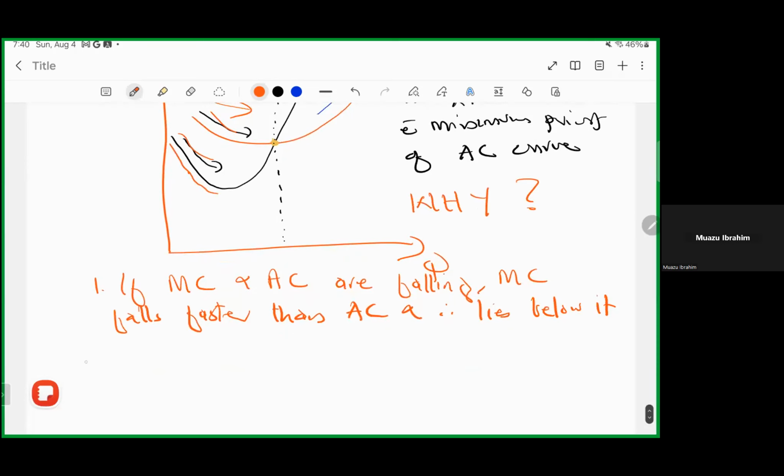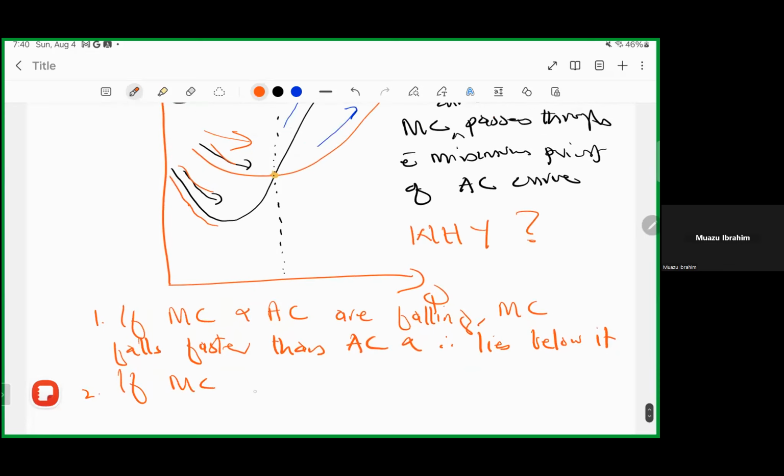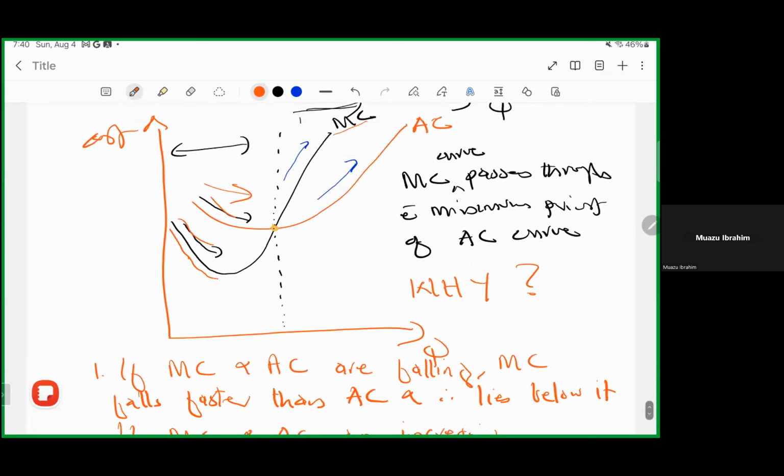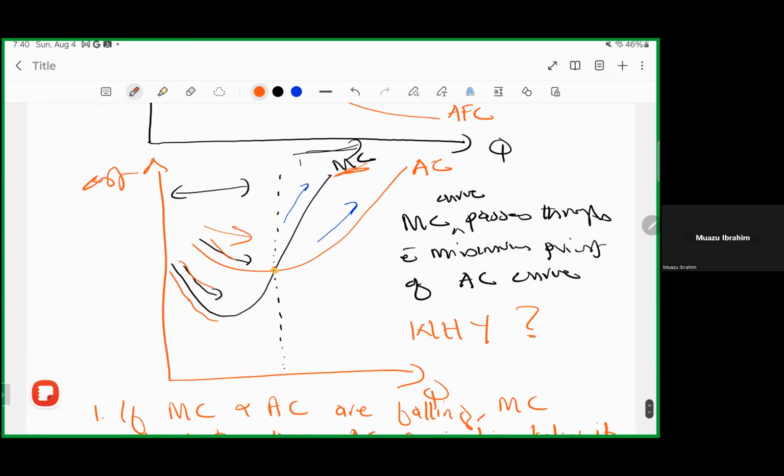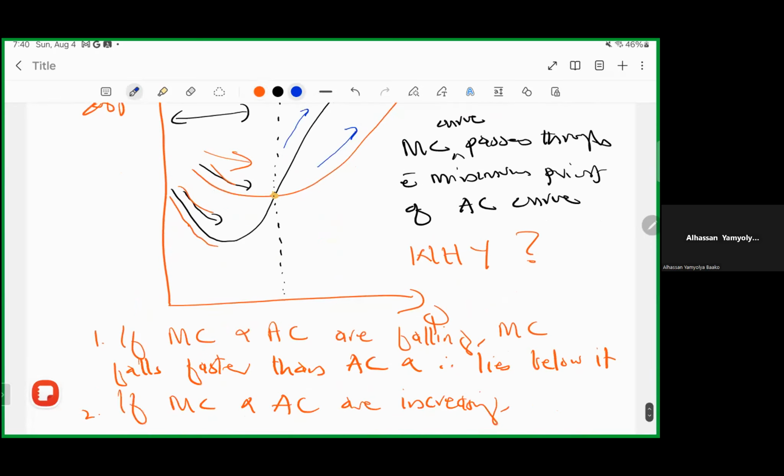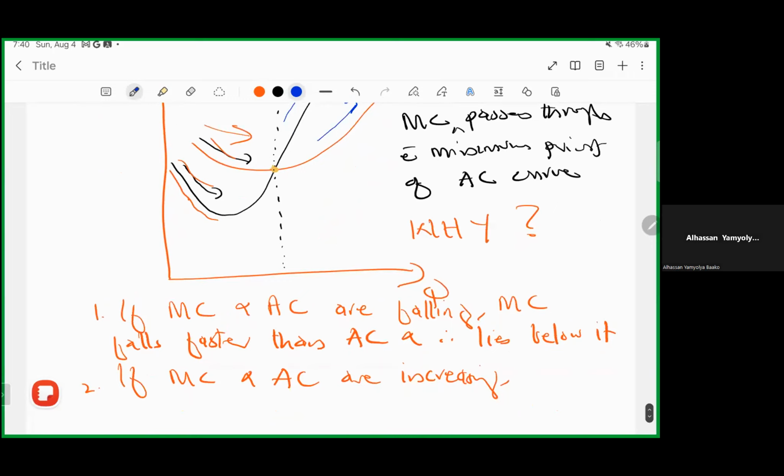And the second part is, if marginal cost and average cost are both what? Increasing, or both rising, you will realize that here marginal cost rises faster than average cost, and therefore it lies what? Above it. Above average cost.